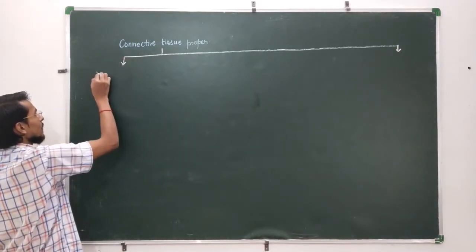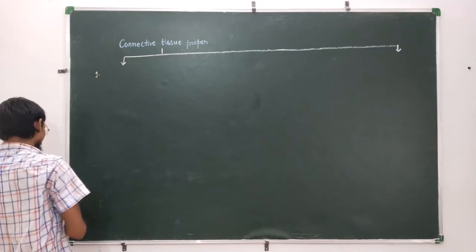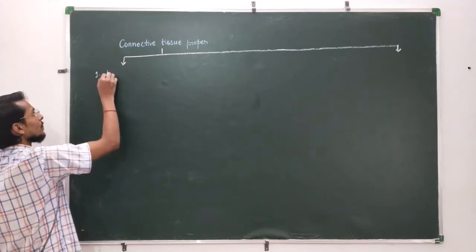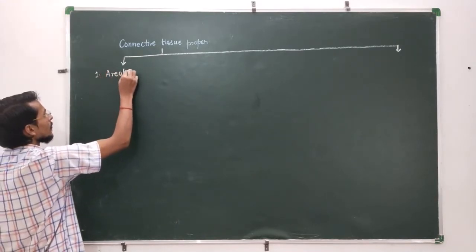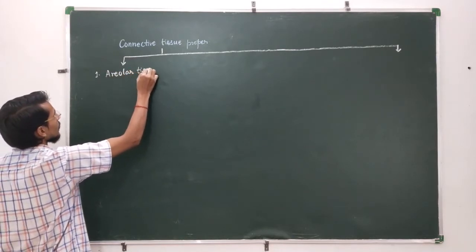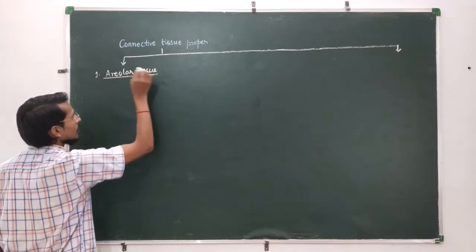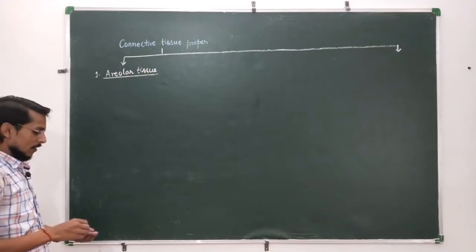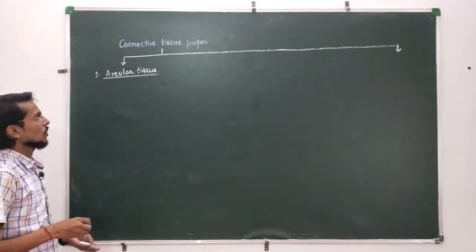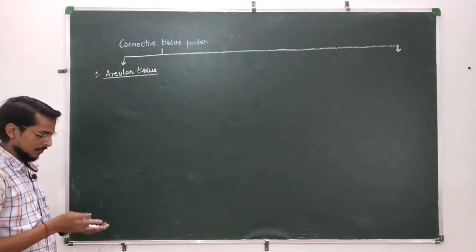The first type is areolar tissue. So let me draw the structure of areolar tissue.